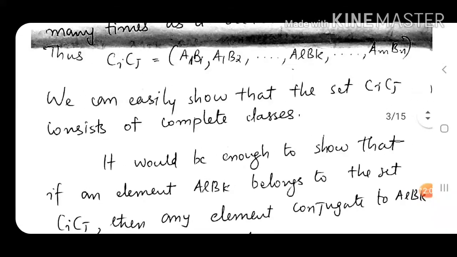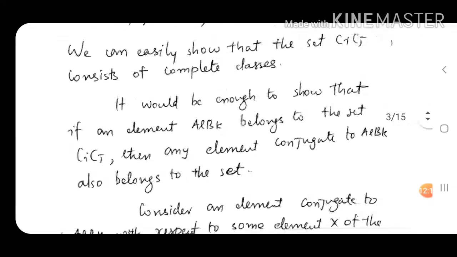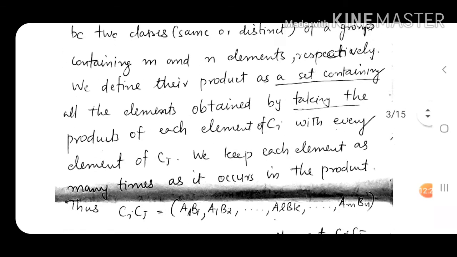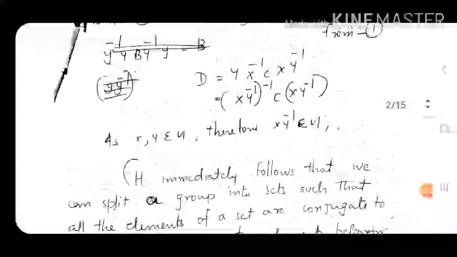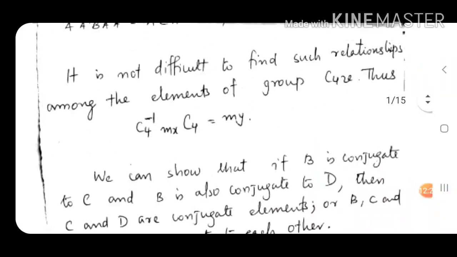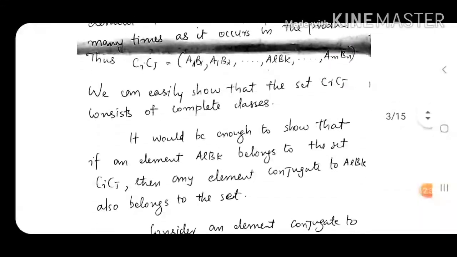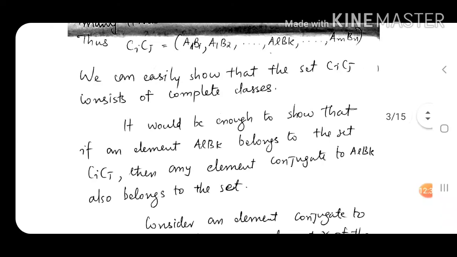To prove that a set of elements is a class, it's enough to show that if you take an element and take its similarity transformation with some element, you get an element in the same set.